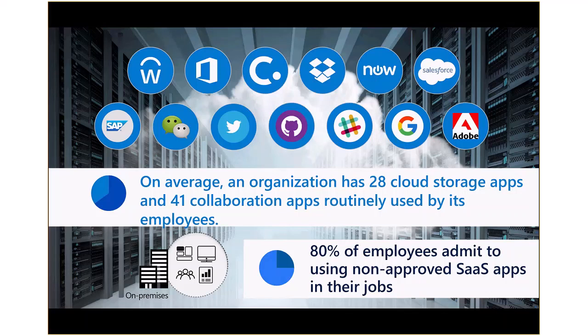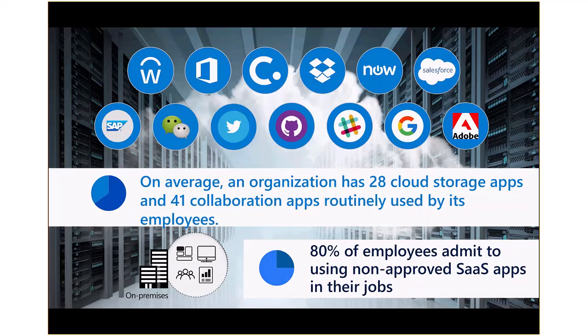As we can see there, some statistics: on average, an organization has 28 different cloud storage applications. So users could be uploading to all those different areas with different types of data, and trying to get a handle on that with some of the new regulatory compliance that they need to keep on top of is becoming really challenging. 41 different collaboration applications are routinely used by its employees.